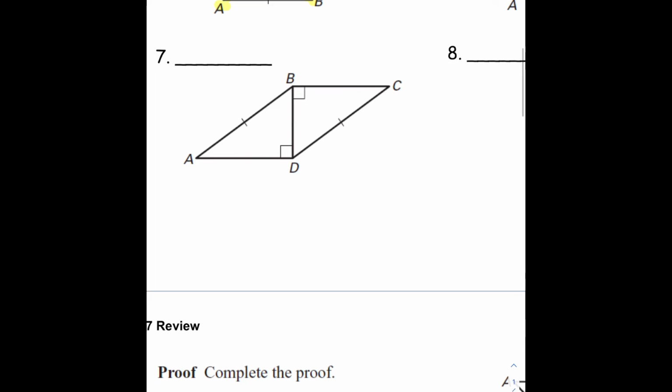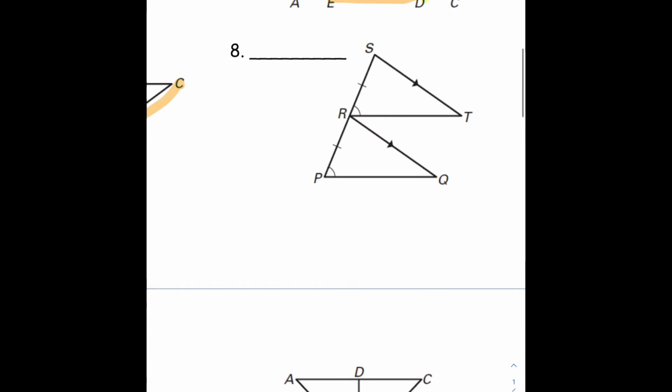This, because it's a shared side, is the example of hypotenuse leg, hypotenuse and leg. And over here, it looks like we have one angle that is congruent. We've got parallel lines. These are not perpendicular lines.